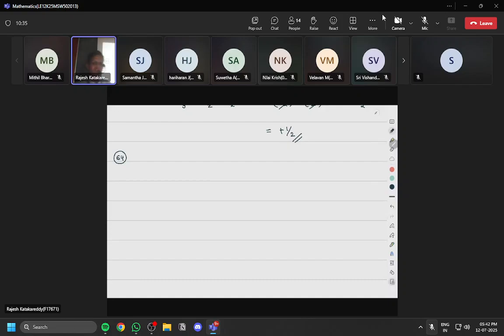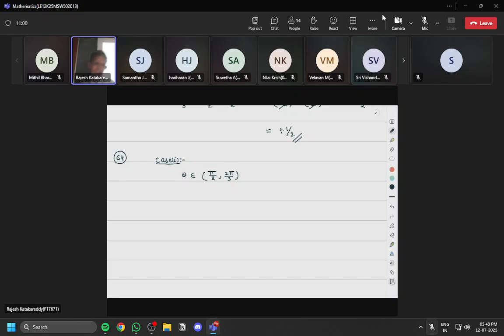Right, this is what I have. Case 1, theta belongs to pi by 2 to 2 pi by 3. This is in the second quadrant. Neither pi by 2 nor 2 pi by 3 is in the given interval, so it is an open interval.